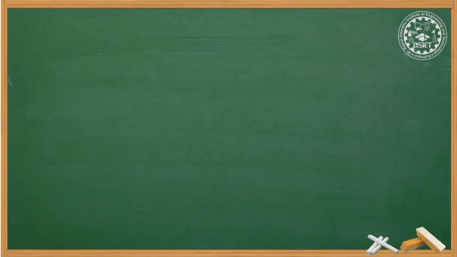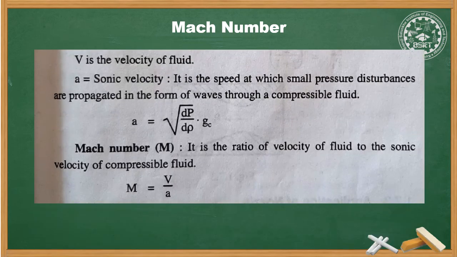The next point is Mach number. To define the Mach number, we need to understand the sonic velocity. Sonic velocity A is the speed at which small pressure disturbances are propagated in the form of waves through a compressible fluid. V is the velocity of fluid, A is sonic velocity.